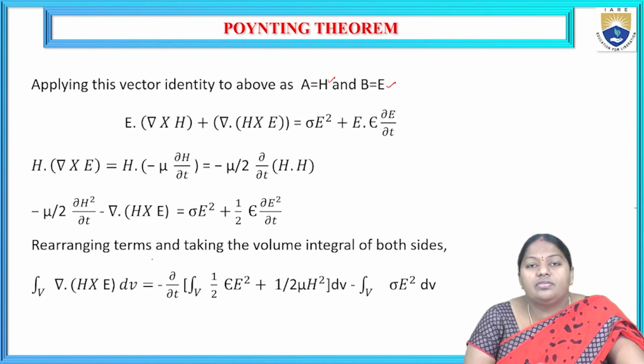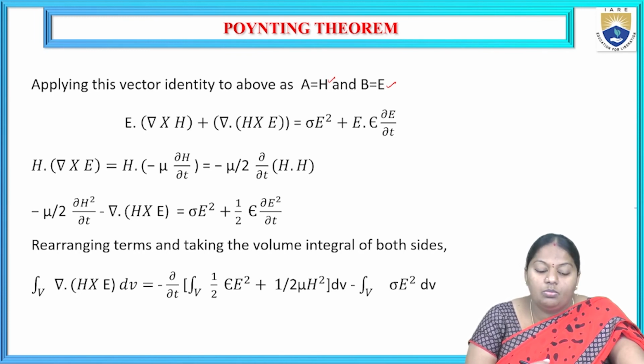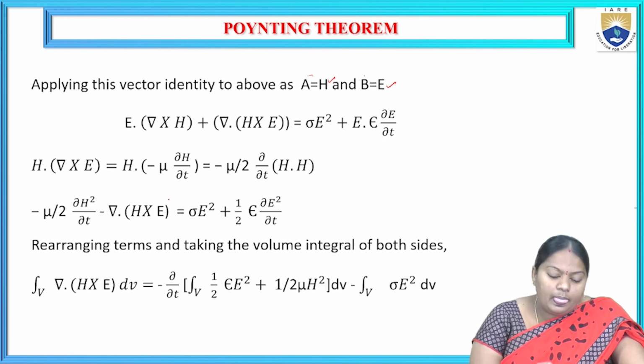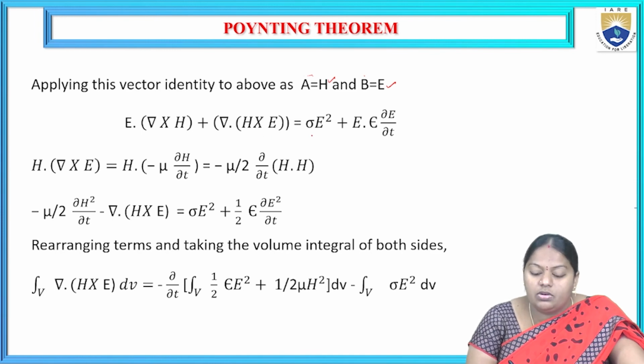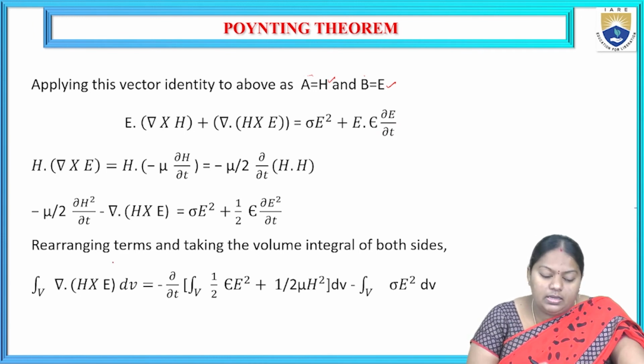Remember here electric field intensity vector E and magnetic field intensity H both are vectors. Okay. As in general we are analyzing those equations with A and B. Then E dot del cross H bar plus del dot H bar cross E bar equal to sigma E square plus epsilon E dot epsilon into dou E by dou t, right?